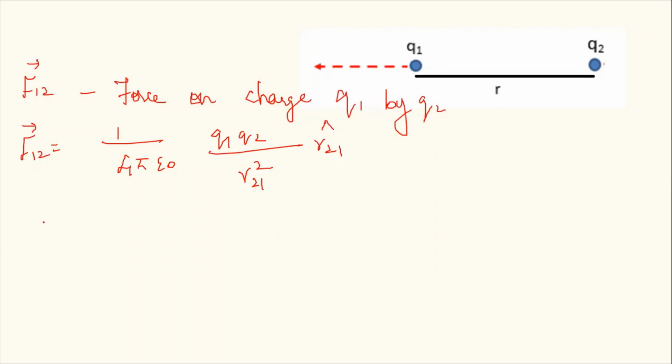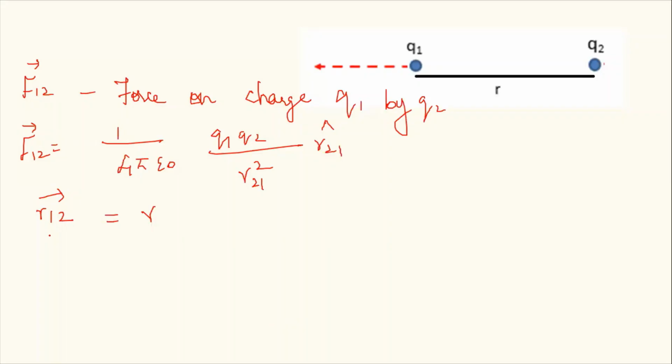We know that the R12 vector is equal to R1 vector minus R2 vector.